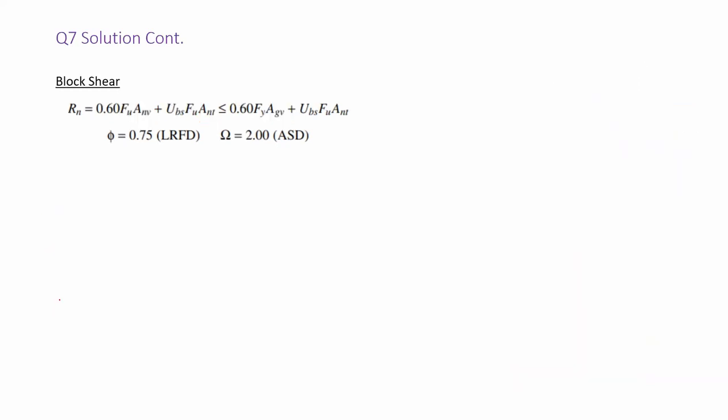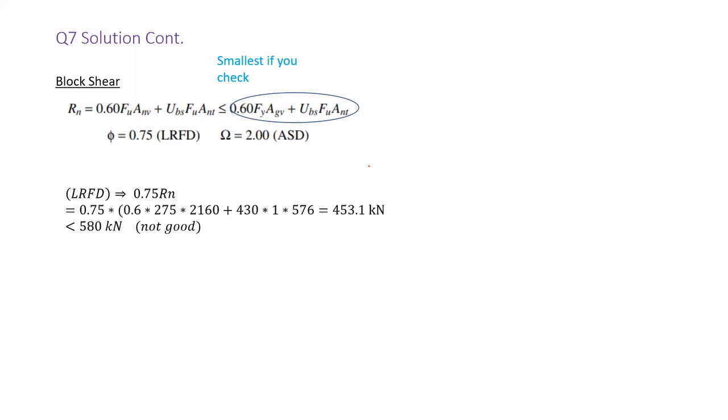We proceed and check for these two equations. Which one is going to be the smallest? If you plug in all the values, you will get that this one actually is the smallest. If you proceed and check according to LRFD, you will take the whole thing in here and multiply it by 0.75. So let me explain it. 0.6, we have it there, 275 for the yield of steel.